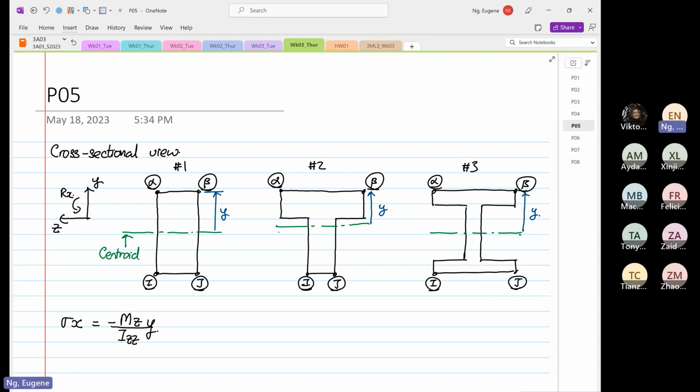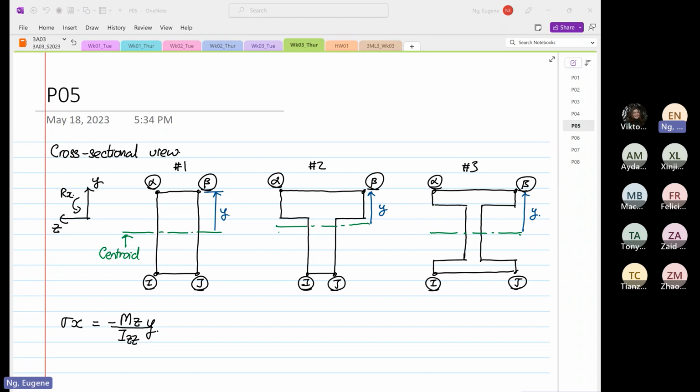Now, I'm going to ask all of you a question. With these three cross sections, which one is classified as symmetrical bending? You can type in the chat to tell me. Is it number 1, number 2, or number 3?